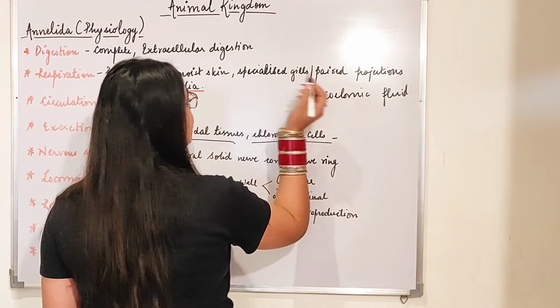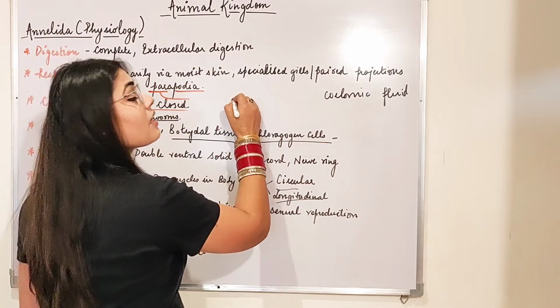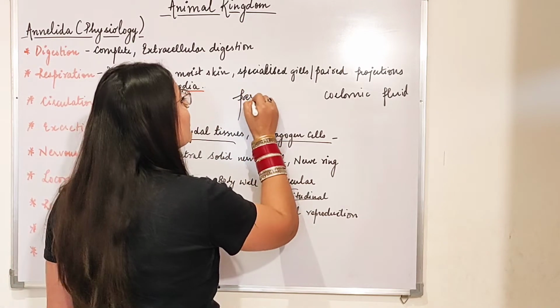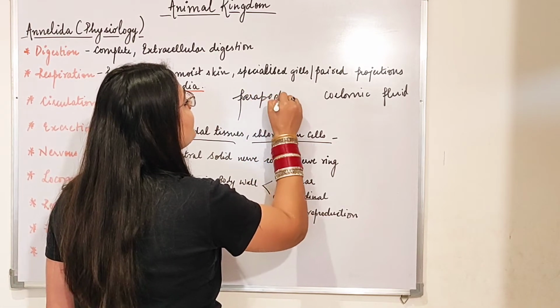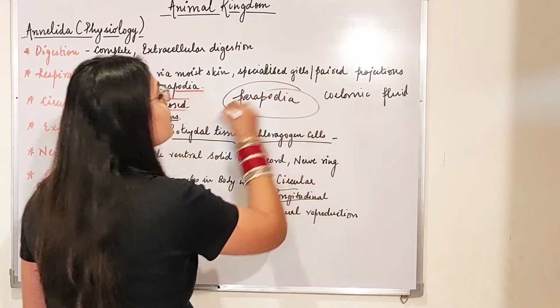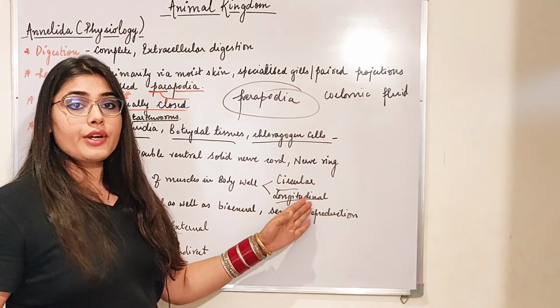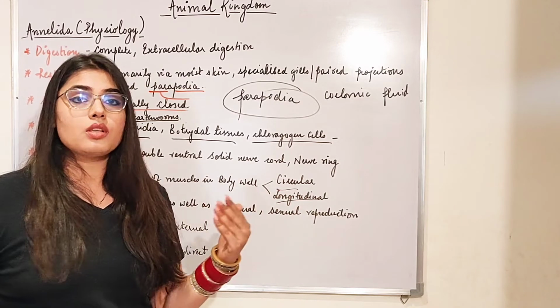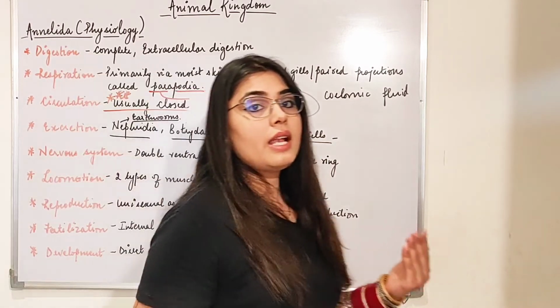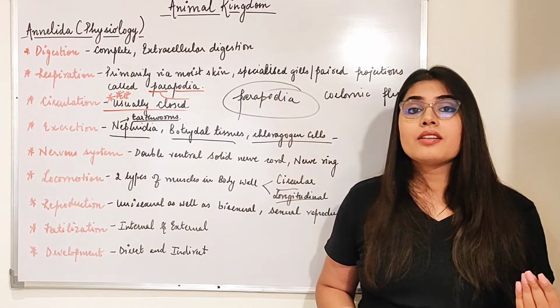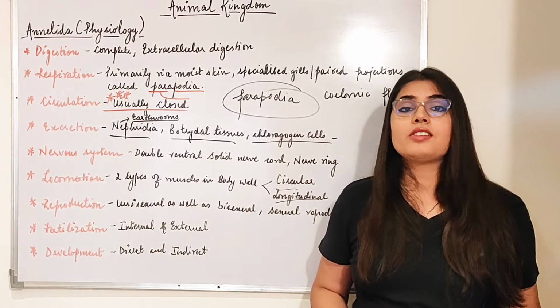Now what else helps in locomotion? I have told you previously, it is parapodia, the lateral legs. So parapodia, along with the circular and the longitudinal muscles, helps in the process of locomotion.